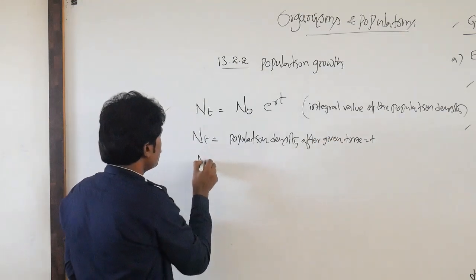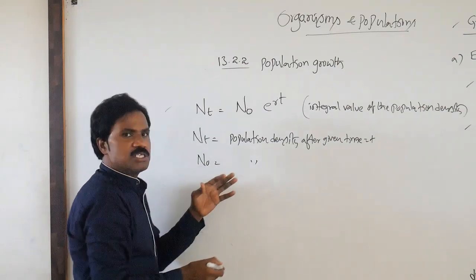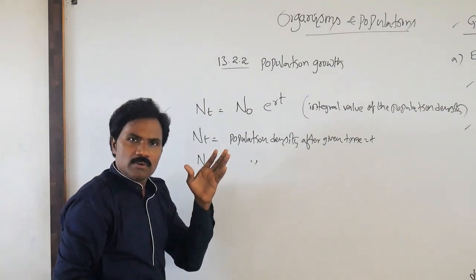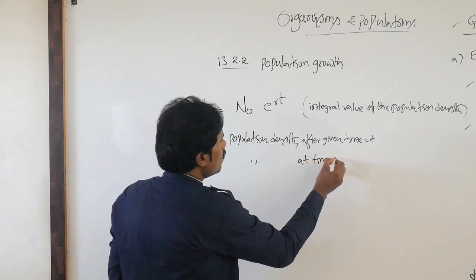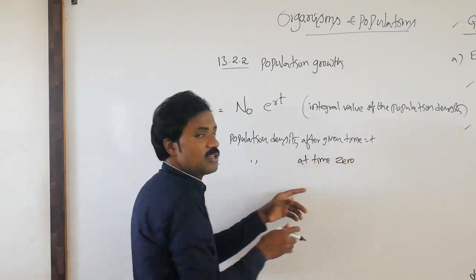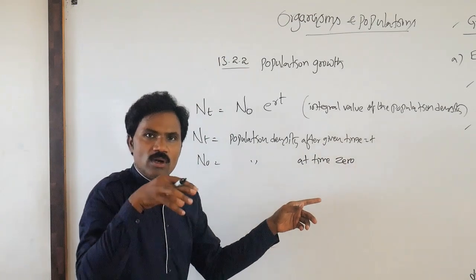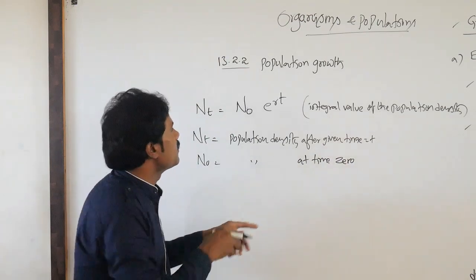N0 is the population density at time 0, that means the initial density, when it is ready to initiate.